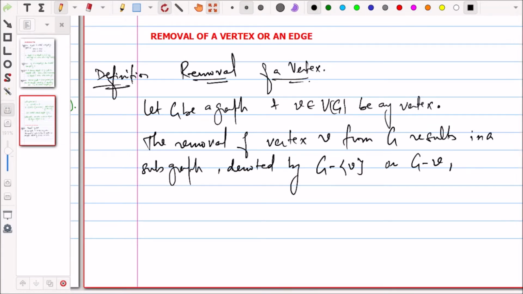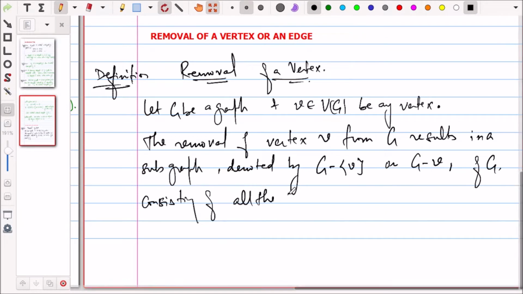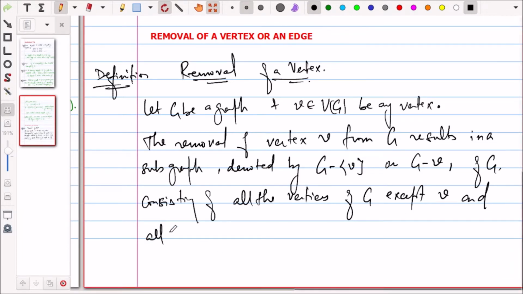And how is it defined? It is a subgraph of G consisting of all the vertices of G except v, since we have only removed v, and all the edges of G except those which are incident with v.